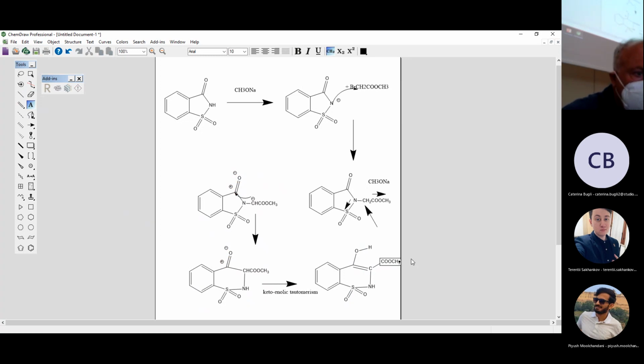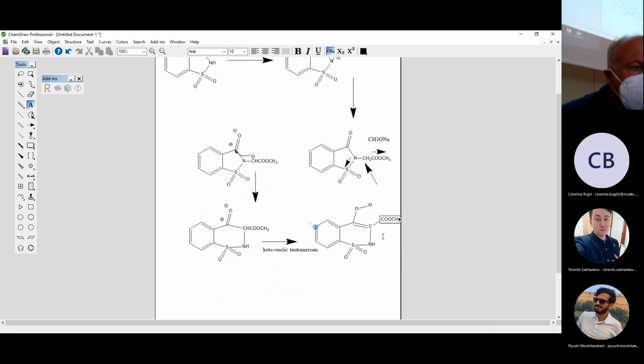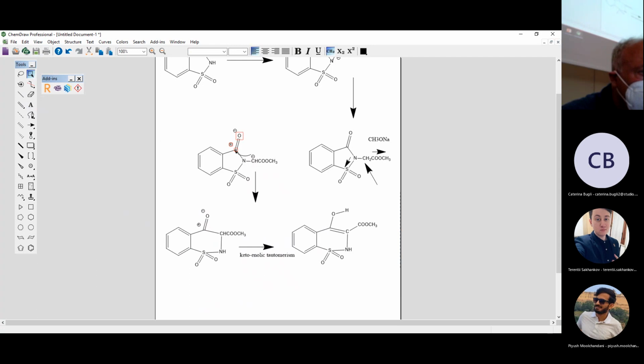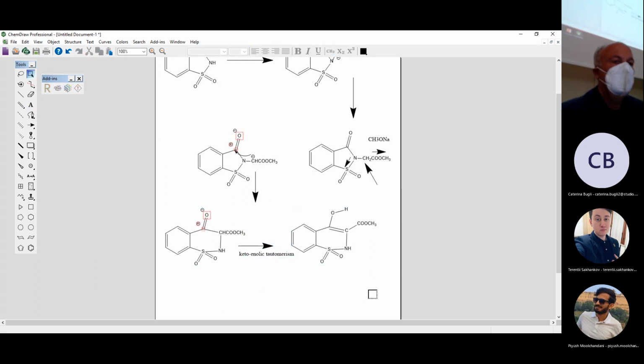Chapter 3. At this point, we have an activated acidic function, carboxylic function.